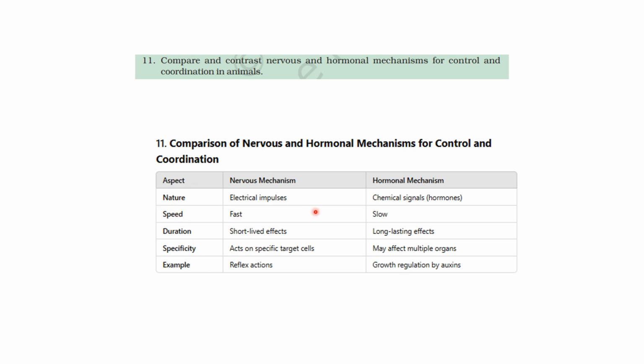So nervous में mechanism में होता है electrical impulses और hormonal में hormones होते हैं which are chemical signals. Speed is fast here, slow here. Short lived effects होते हैं इसके, long lasting effects होते हैं. Acts on specific target cells, it may affect multiple organs. Example है reflex action or in growth regulation by auxin.